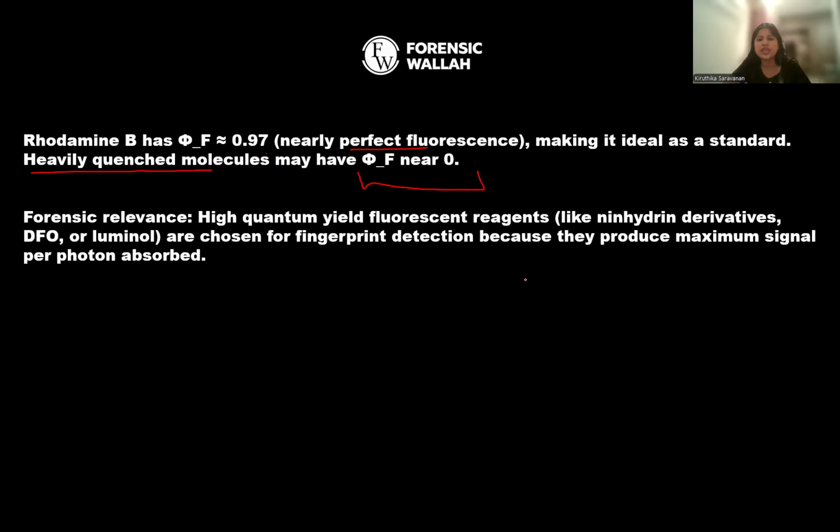These are fluorescent reagents, so they fluoresce under UV light. Even luminol and DFO are chosen for fingerprint detection because they produce maximum signal. One photon will produce the maximum number of fluorescent molecules under the light, giving a proper analysis of the fingerprint at the crime scene.